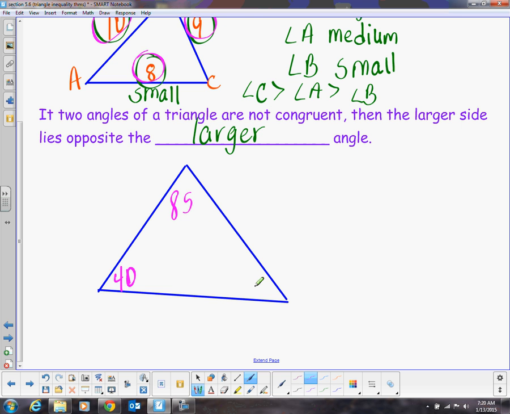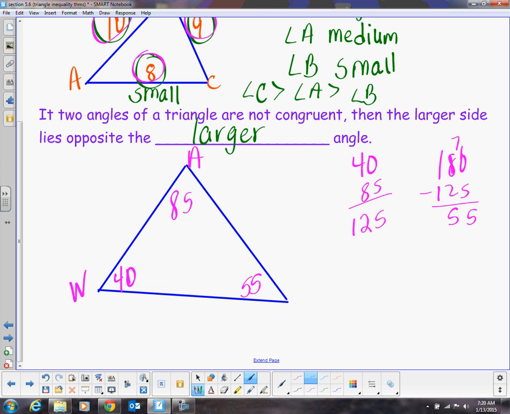All three of them. Carlin, how do we get this angle? Okay, do I have to see this work? Yes. So 180 minus 125 is 55 degrees. Only after you have all three angles can you start to order them.